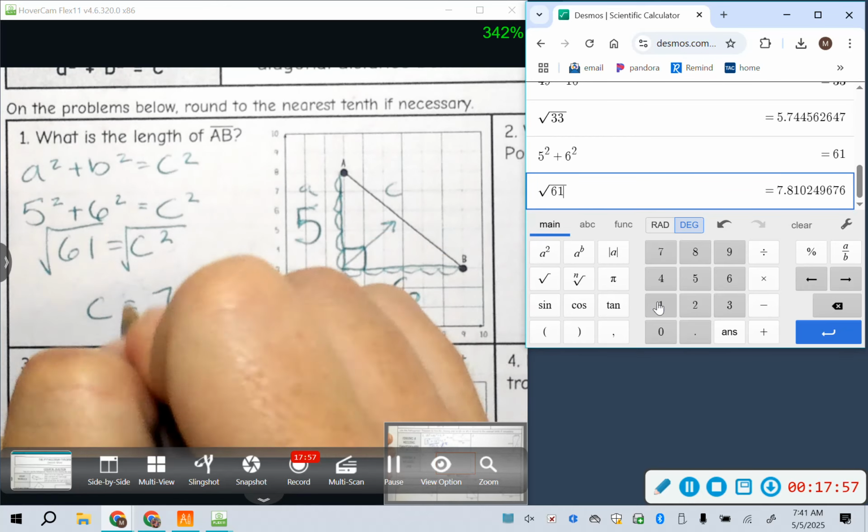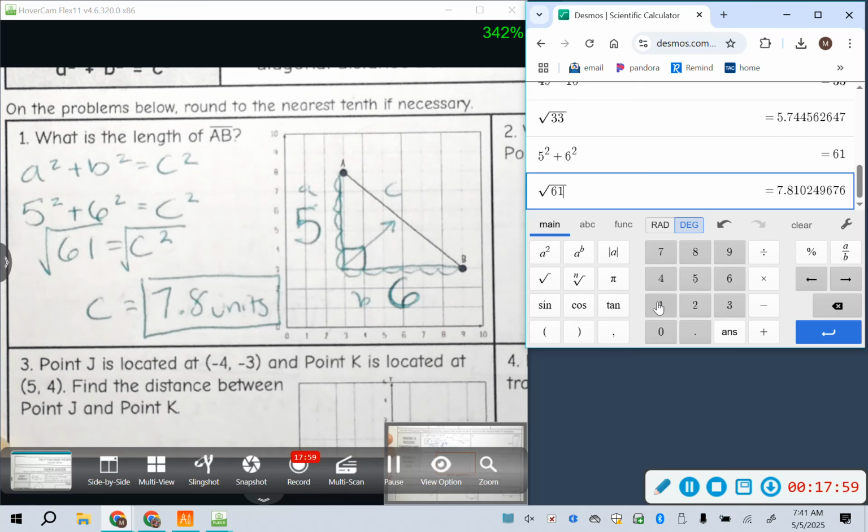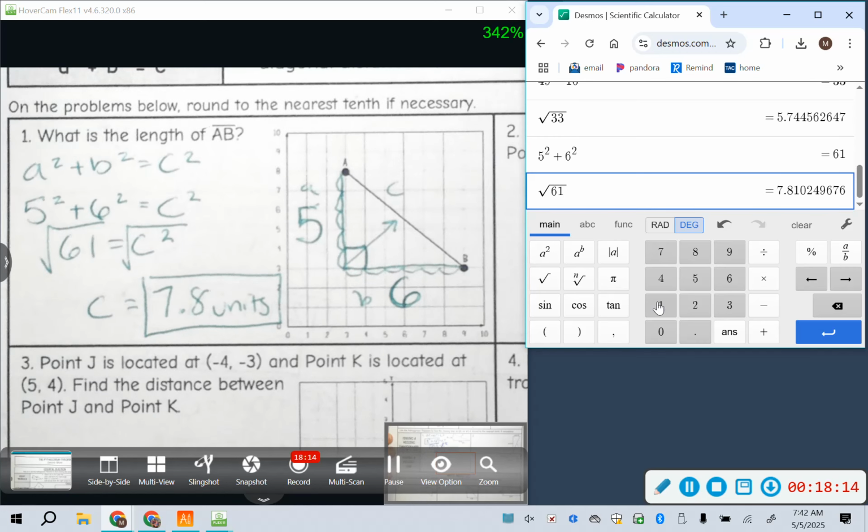We'll just say units. Pretty simple. Okay, so knowing that, I'm going to skip number 2. Let's look at number 3.